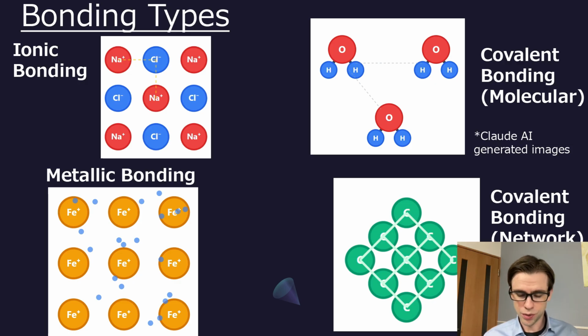Then on the right side, we've got covalent bonding, molecular type. This is something like water, H2O, where we've got a pair of shared electrons between hydrogen and oxygen on each side. But the key thing I want you to realize about covalent bonding molecular versus ionic, metallic, and covalent bonding network below it is that covalent bonding molecular behaves sort of like the ideal gases we've studied in my recent videos, where the molecule, H2O for example, exists on its own.